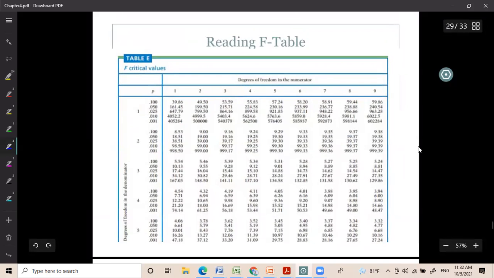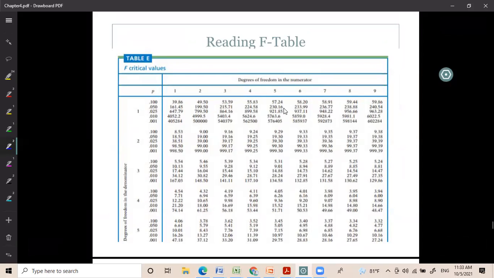Again, this is only a part of the table, and in the booklet you get from the university, it will have different F tables for these different tail probabilities. Now in this table, all the probabilities are in the same table, but you will see different pages. For probability 0.1, you have one table. For 0.05, another page, and likewise.